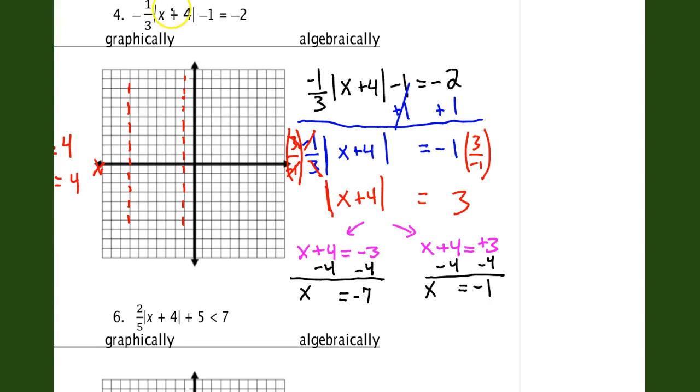So here we go. Let's graph this. The +4 on the inside means the vertex is going to move left 4, and this -1 means down 1. So from the origin, we're going to go left 4, 1, 2, 3, 4, and down 1.